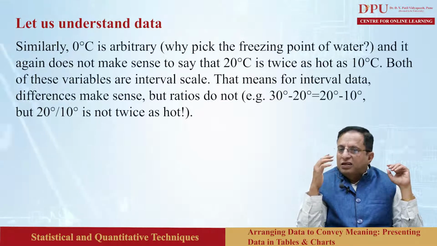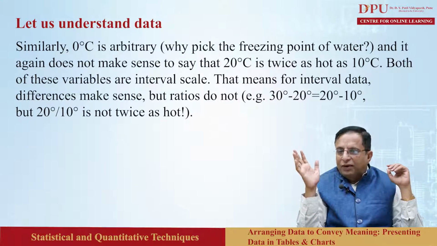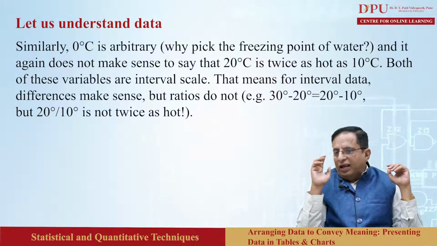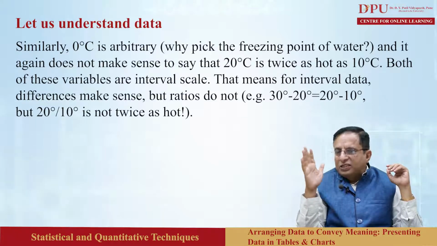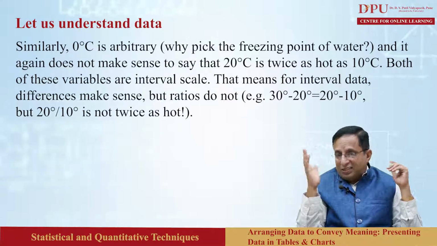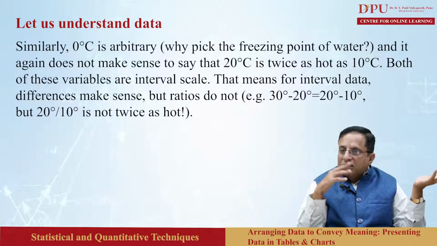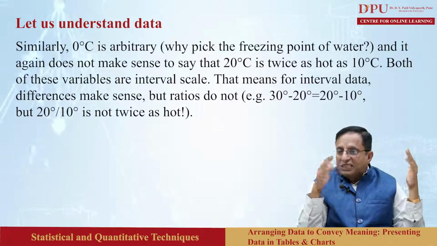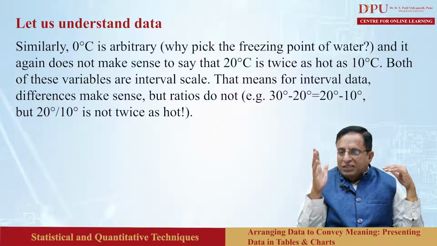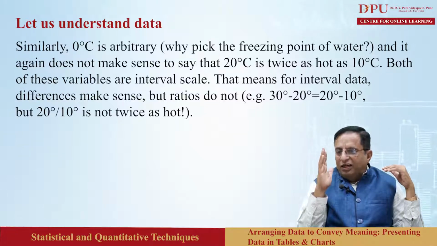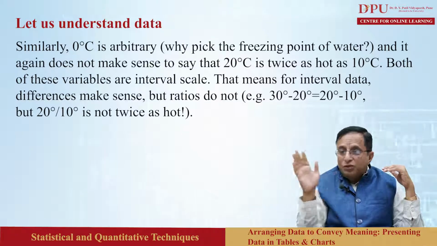Similarly, 0 degrees is arbitrary, picking the freezing point of water, and it again does not make sense to say 20 degrees is twice as hot as 10 degrees Celsius. Both these variables are interval scales. That means for interval data, difference makes sense but ratio does not.